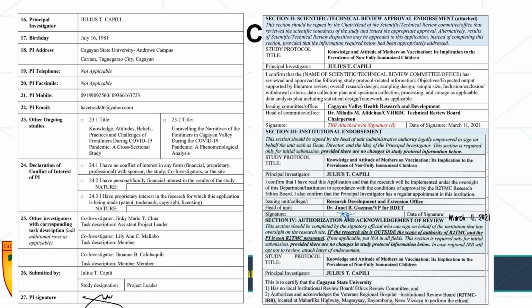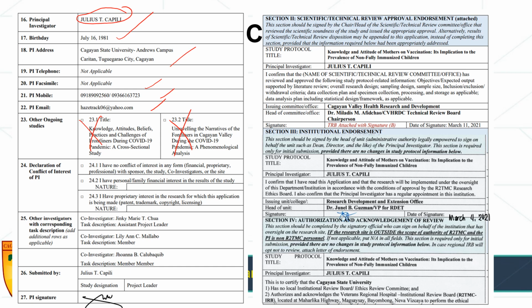Under letter C, the principal investigators, the researchers themselves, birthday, address, phone, mobile, email. For you guys, there are no ongoing studies.